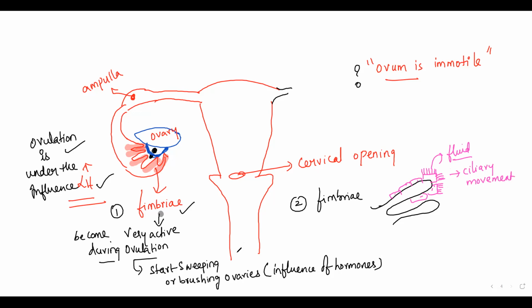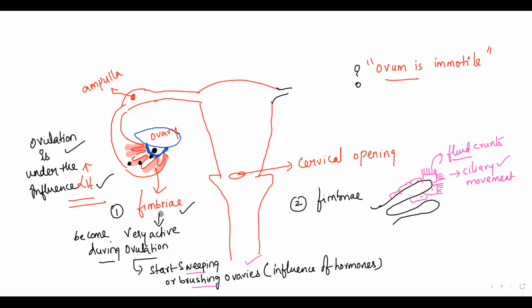So you can see that the ciliary movements, as well as the brushing movements and the fluid released by these cells, the fluid currents, the ciliary movements, the brushing or sweeping of the fimbriae of the fallopian tube, will easily sweep the ova into the tube.